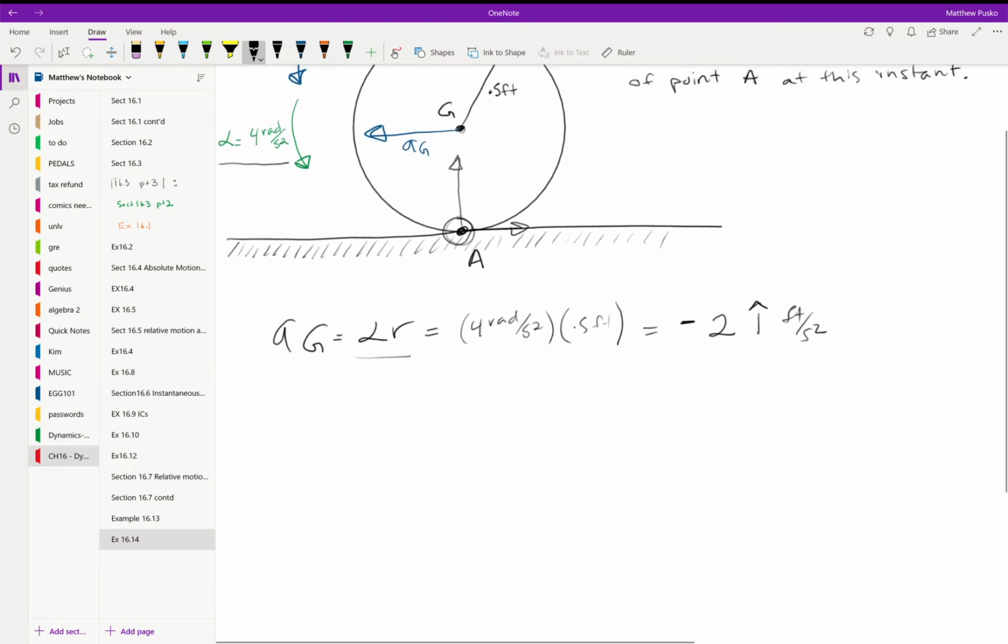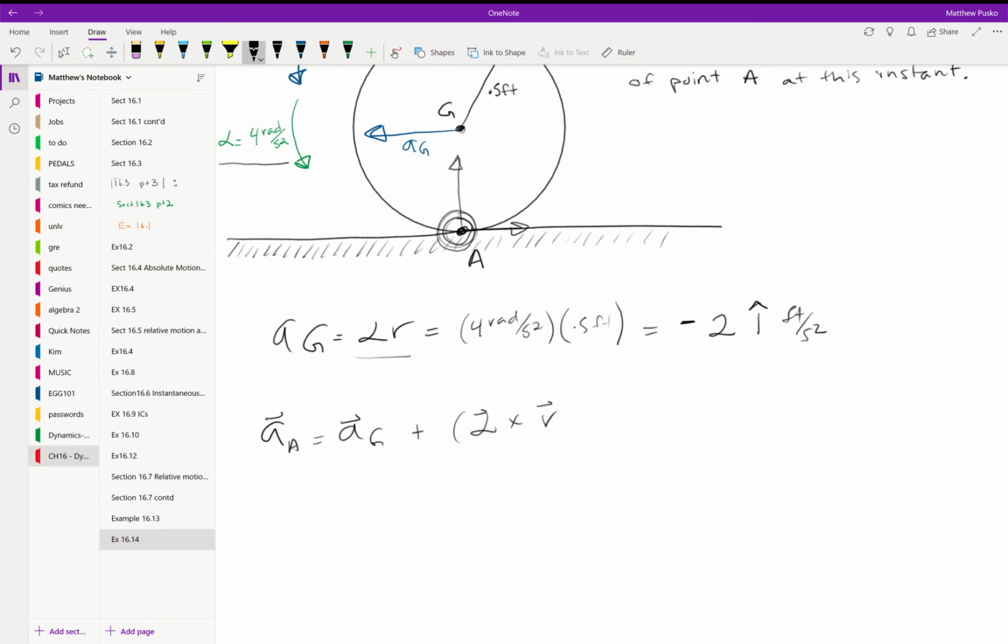Alright, now we can say, what is the motion of this point A with respect to G? The acceleration of A is equal to the acceleration of point G, which we just found, plus alpha crossed into r.